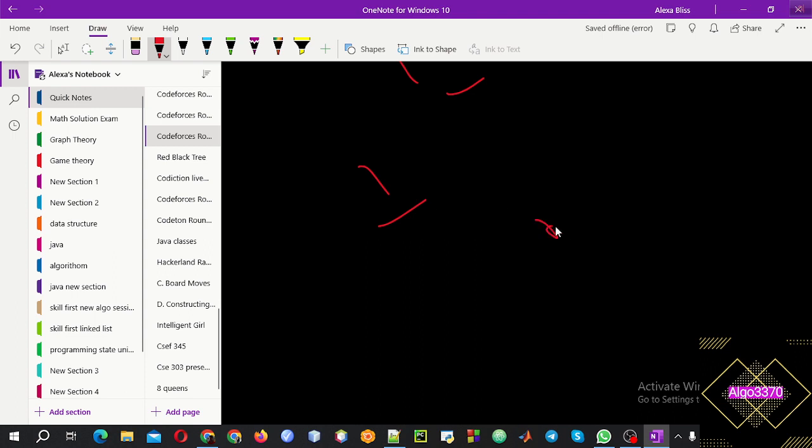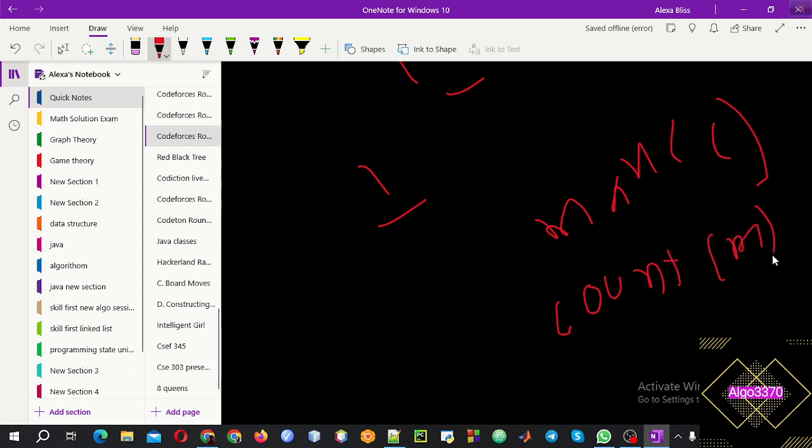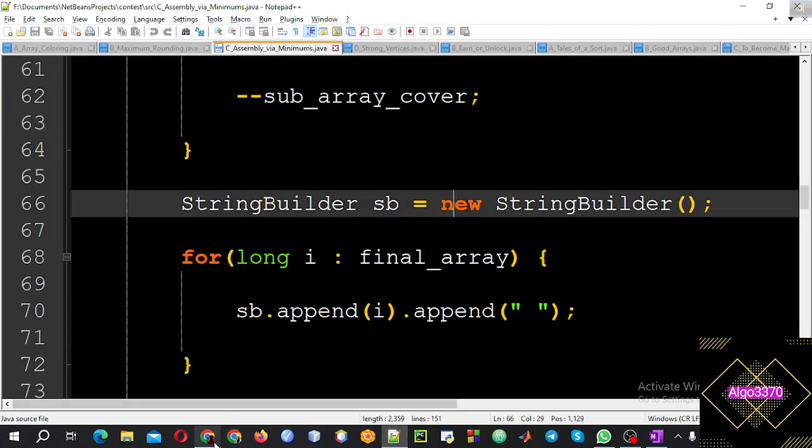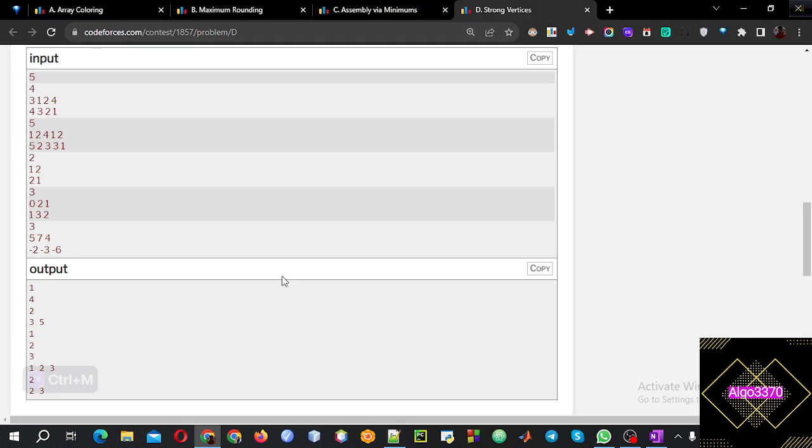So we will count the maximum value of C, and the total number of strong vertices is the count of that max element, along with the indexes of that max element. So the solution is very straightforward. Let's see an example. After seeing the example, we'll try to calculate it.